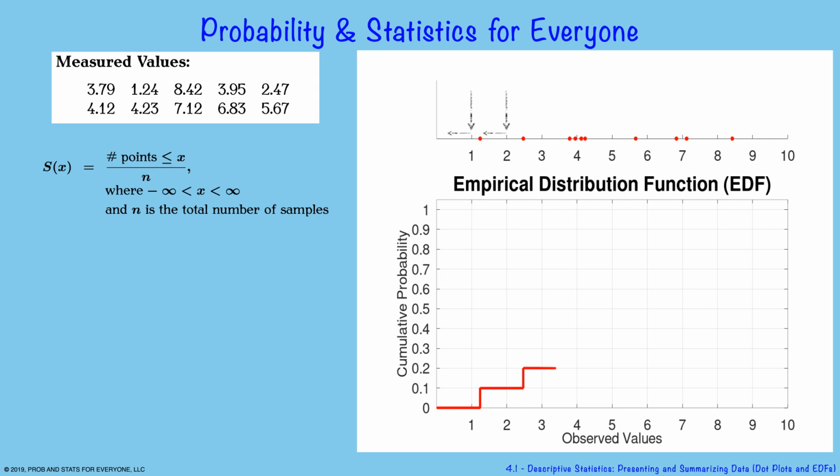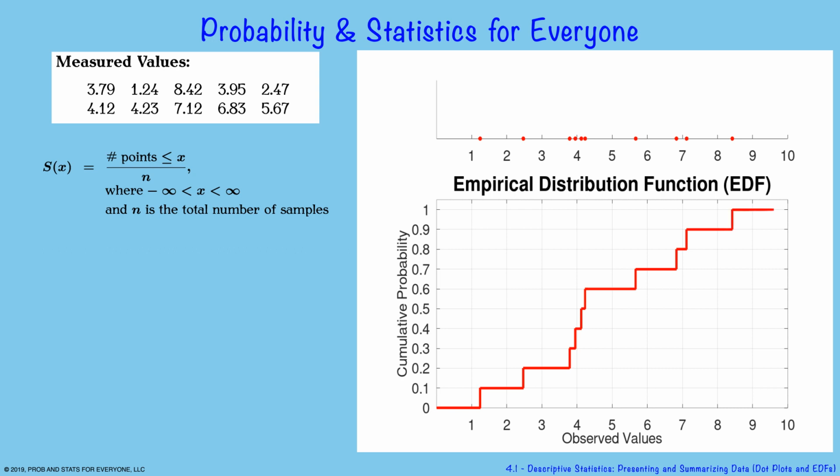So let's look at the EDF for this data set, drawn slowly. As I said, the EDF is a function defined over the entire x-axis, but we'll begin to build our EDF by starting at the origin, x equals 0. As we were just discussing, we see the EDF jump to 1/10 at x equals 1.24, and jump to 2/10 at x equals 2.47, and so on.